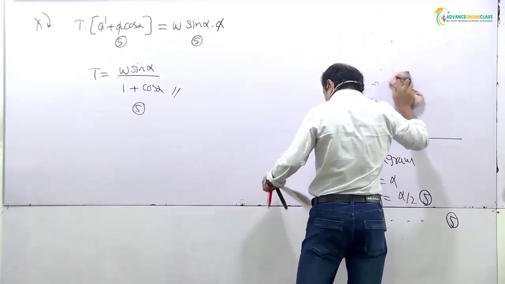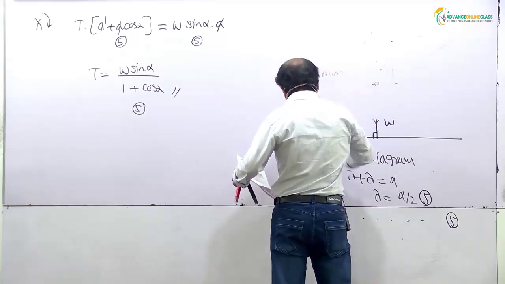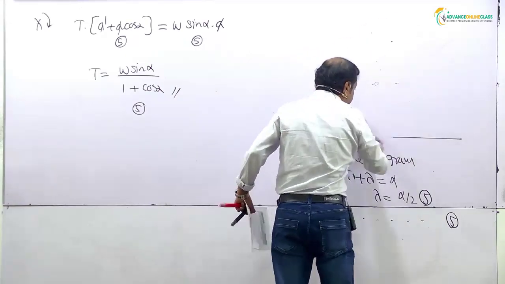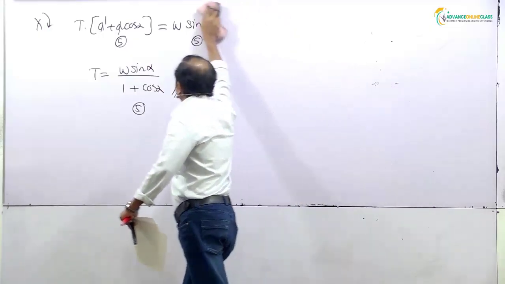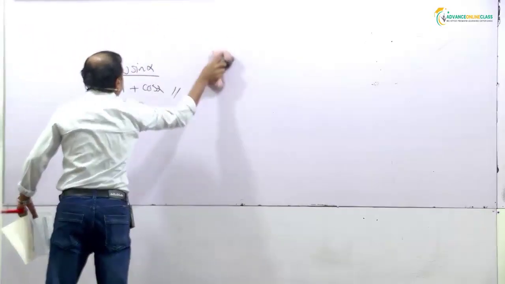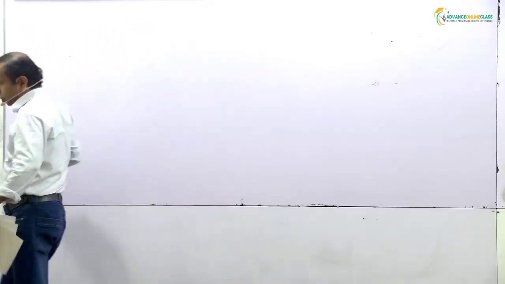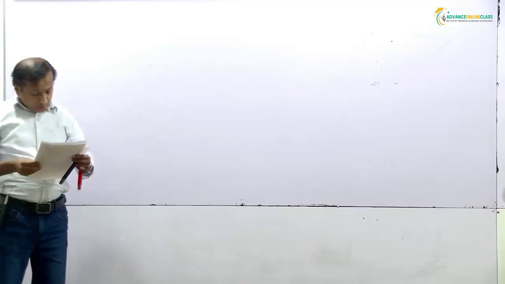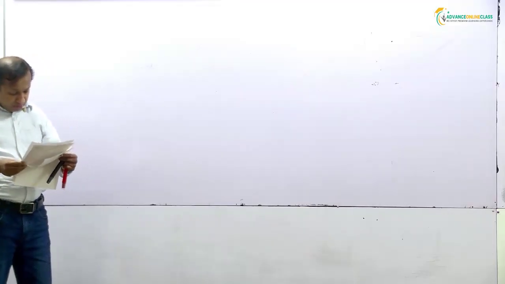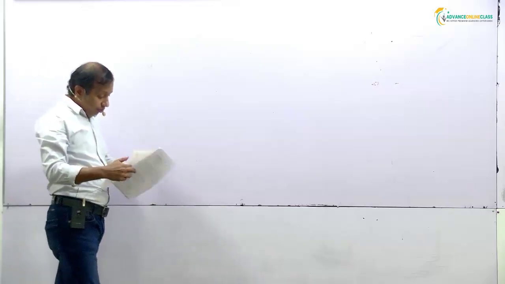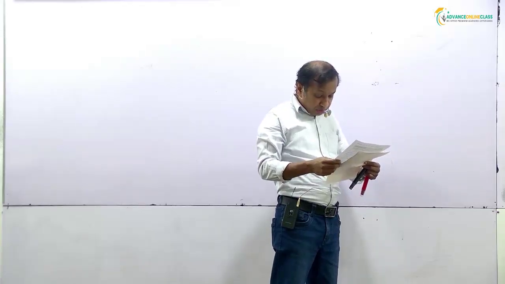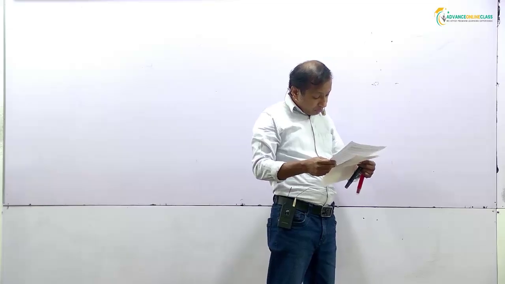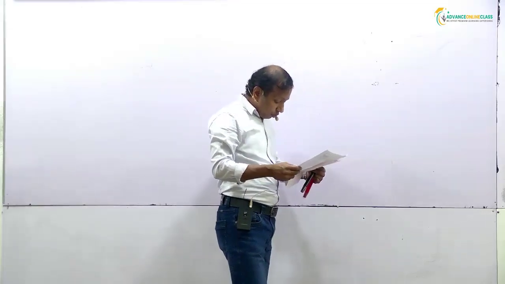Okay, now question number 2. Two spheres A and B with same radii and each of mass m are moving in opposite directions with velocities 4 and 8 meters per second respectively.